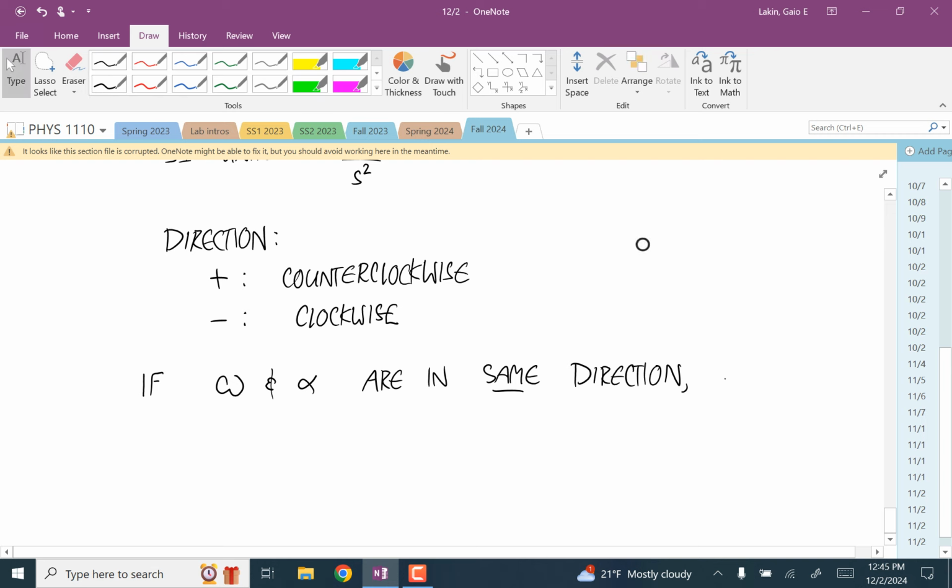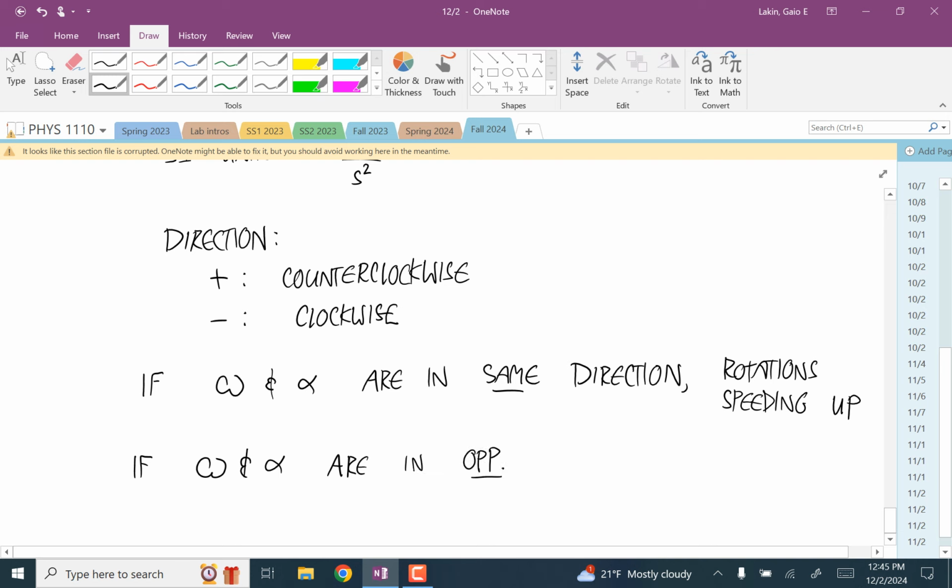Speeding up, yep. And if the angular velocity and angular acceleration are in opposite directions, then the rotations are slowing down.